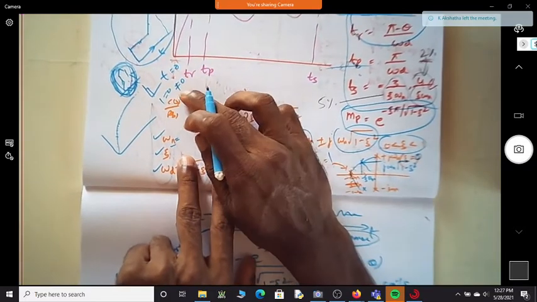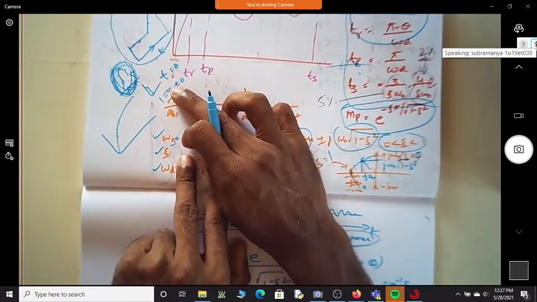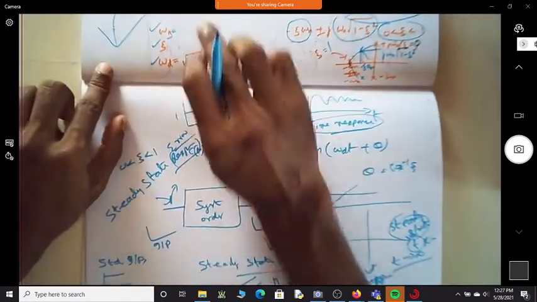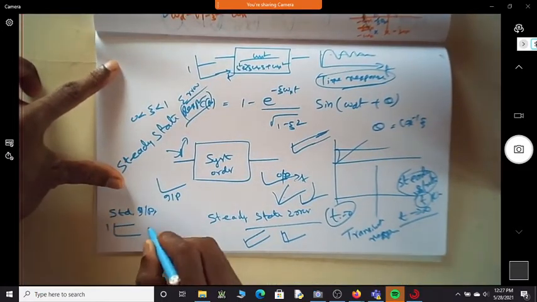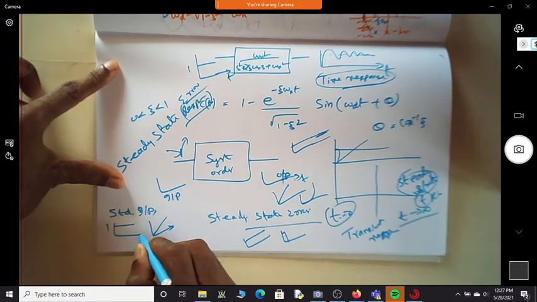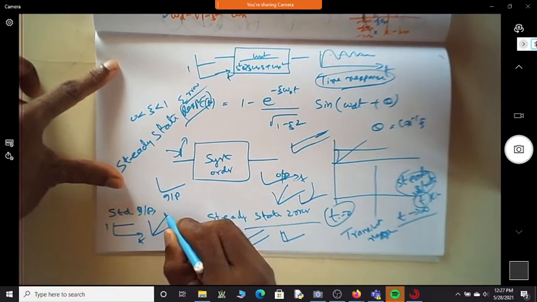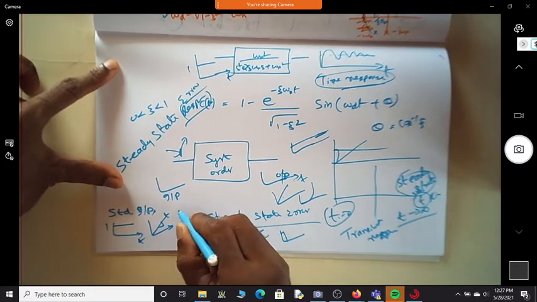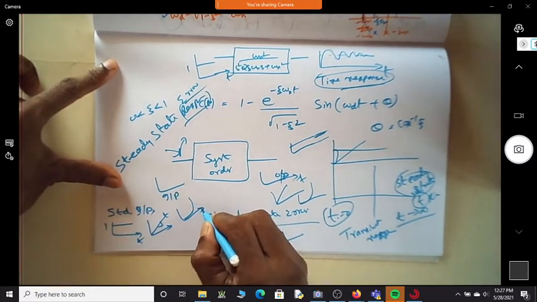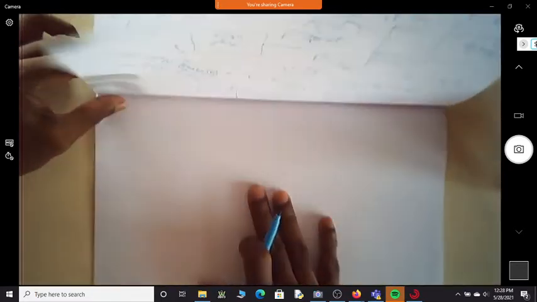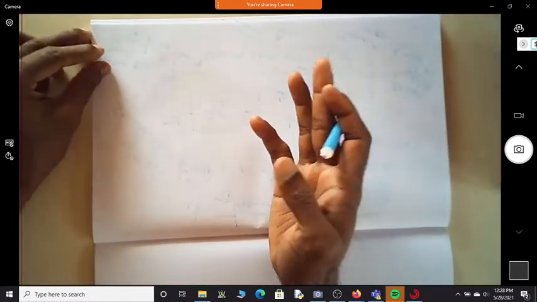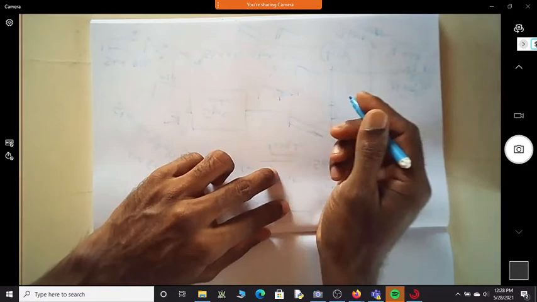This is not a practical input. The practical inputs are the step input of magnitude 1, then ramp with respect to time, and then parabolic. These are all the standard inputs that you are looking at. For these standard inputs, how does the system behave?